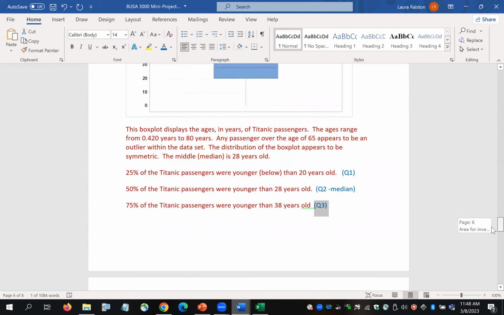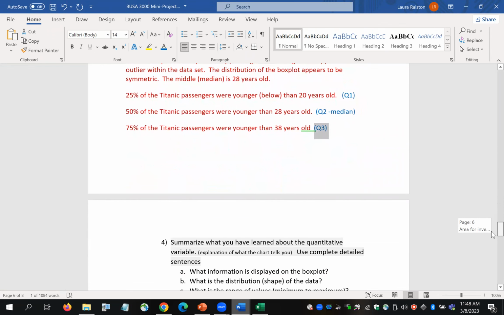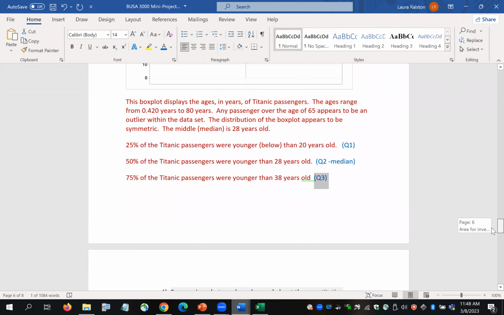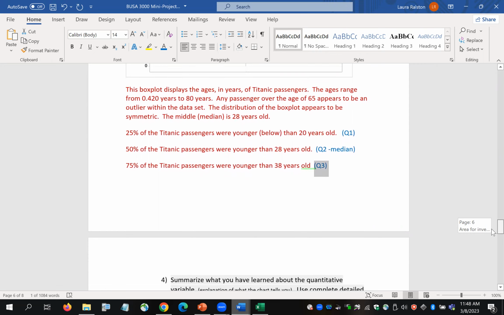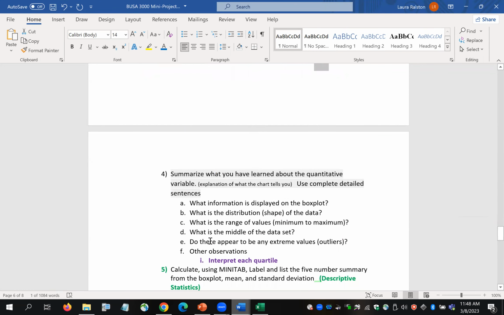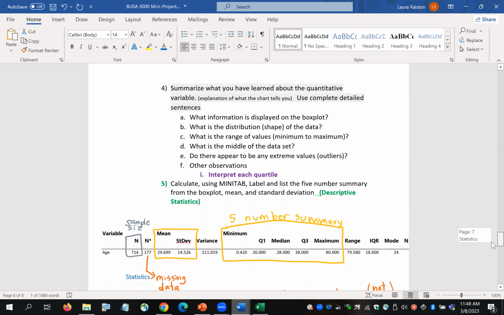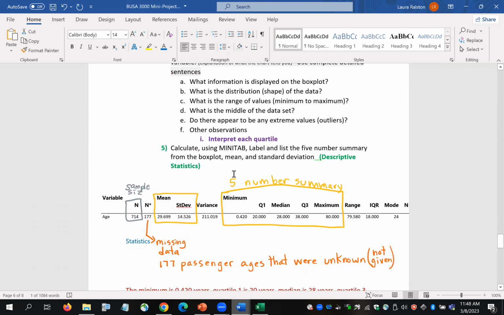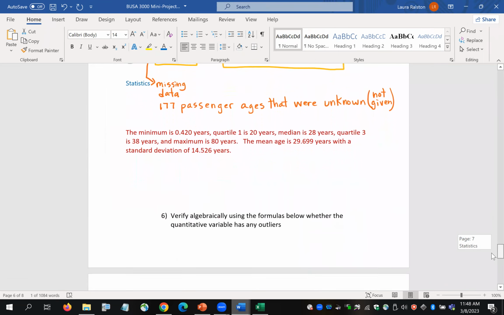So you have to interpret the quartiles. Again, I've only got 1, 2, 3, 4, 5, 6, 7, 8 sentences. You're not trying to write me a book, but I've addressed these questions. I've calculated my statistics.